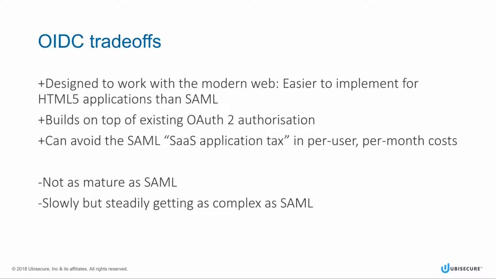As such, it can avoid the SAML, if we can call it, software-as-a-service application tax in per-user-per-month costs in many online platforms. We've noticed that many online platforms charge companies more money to use SAML as an identity protocol as compared to OpenID Connect.